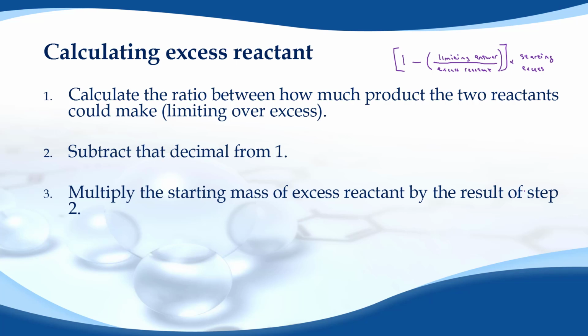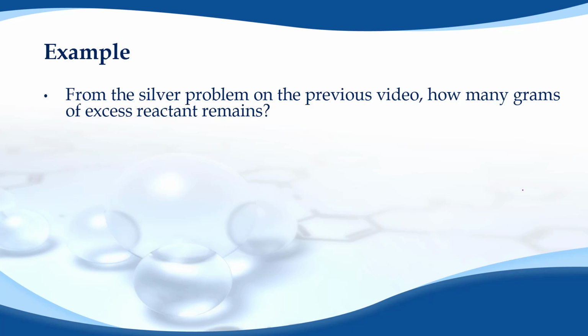So what we'll do is we'll do our silver problem from the previous video. If we recall our previous video, the limiting reactant produced 0.921 grams of silver. The excess reactant, which was copper, produced 3.39 grams. So I'm going to make my ratio, 0.921 over 3.39.